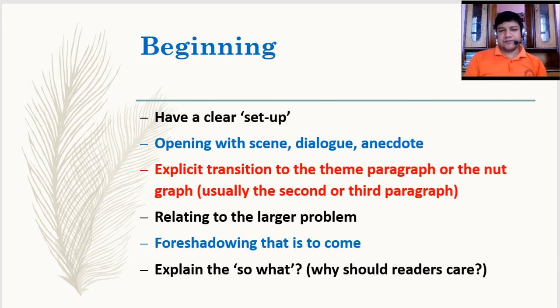The beginning paragraph should be related to the larger problem, larger issue that you may raise, elaborate, and analyze in your writing. It should foreshadow the coming topic, coming analysis, coming information.